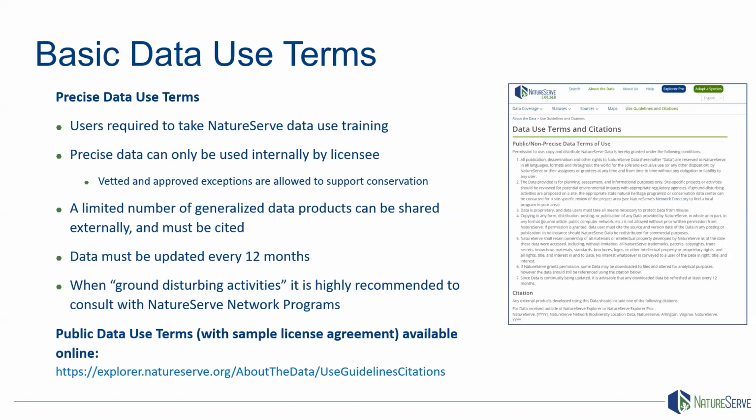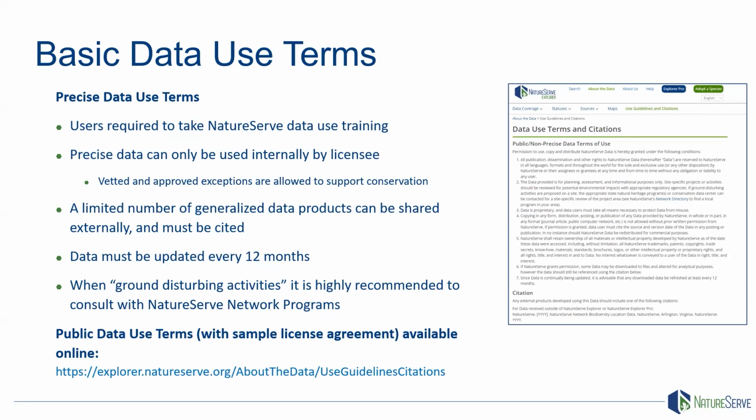We allow the sharing use of some generalized data products as specified in the license, but any external uses must cite NatureServe and the NatureServe network as a source of information. The data must be updated every 12 months since our data is continually changing based on new information and new field surveys. A recent analysis of our data has shown that there can be up to a 30% change rate in our data from year to year.